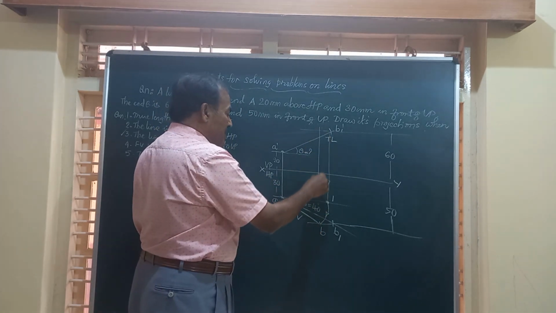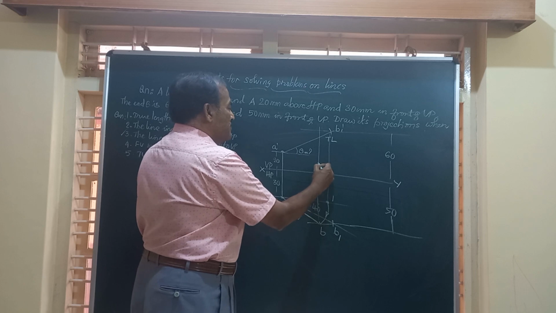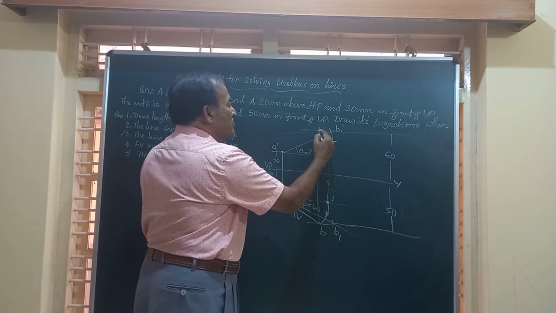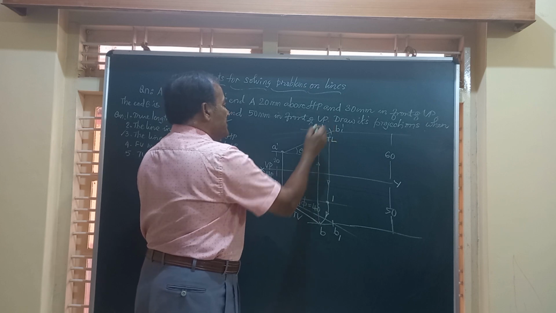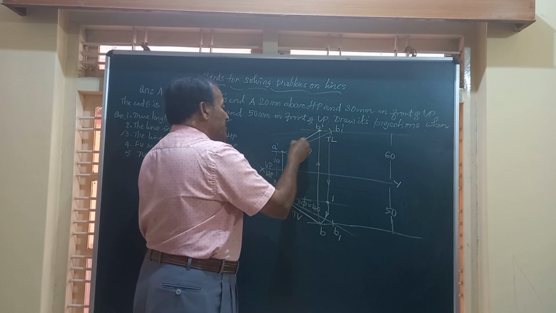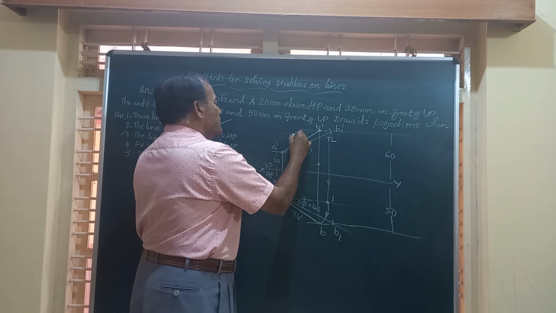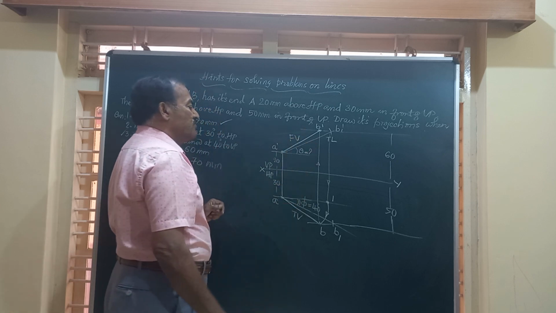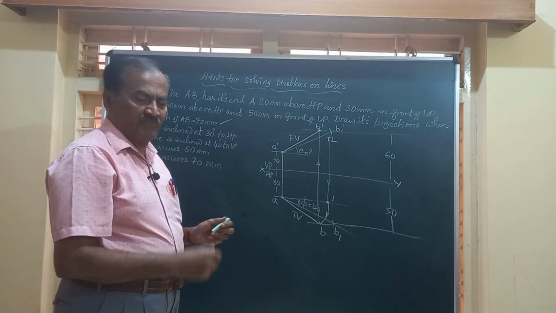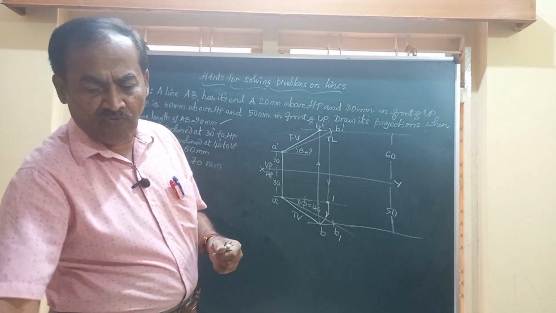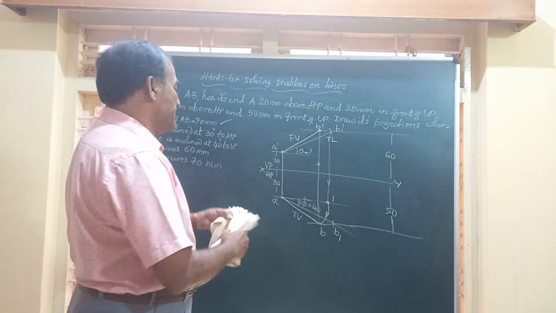Draw a vertical line through that upwards to intersect the locus of B at the point B dash. And if we join A dash and B dash, friends, you get A dash B dash, which is the front view of the line. Friends, I hope you are following this completely.